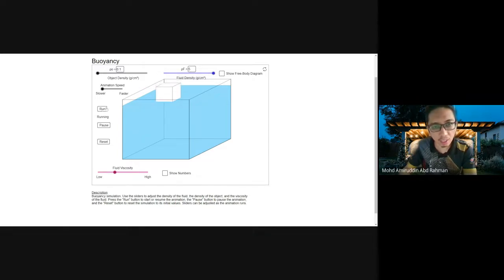Okay, you can see that the object pops up due to less density. When it's less density, meaning that it is having less mass, of course it will pop up, due to a small amount of density compared to the greater density of the object.